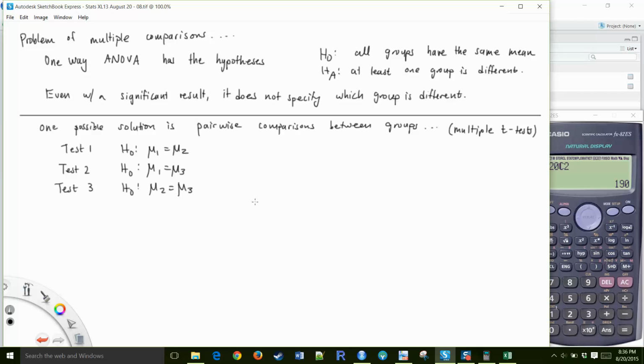It comes to our significance level, okay? So remember, if we choose a 5% significance level, alpha equal to 5%, that means what? We reject the null hypothesis if the probability of getting our result by random chance is less than 5%, okay?